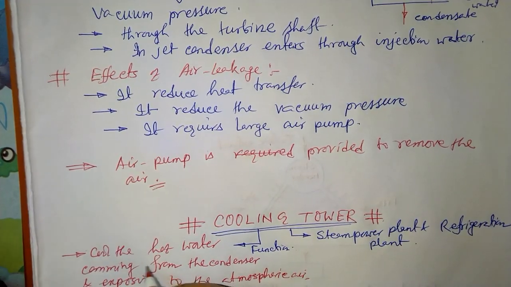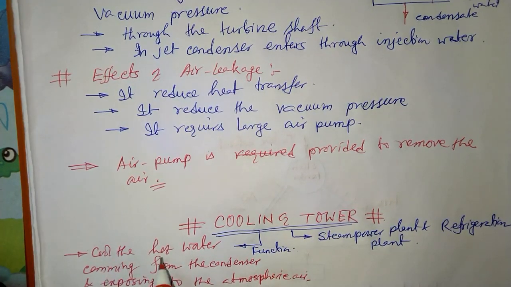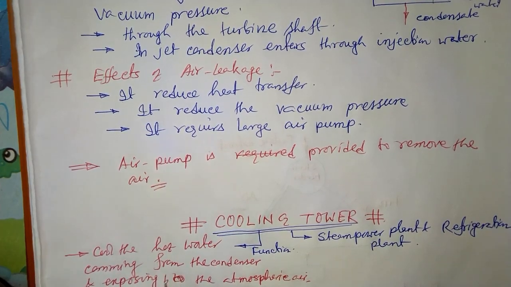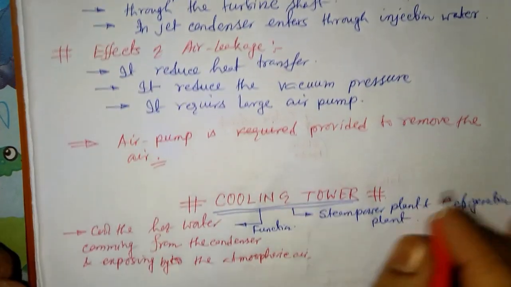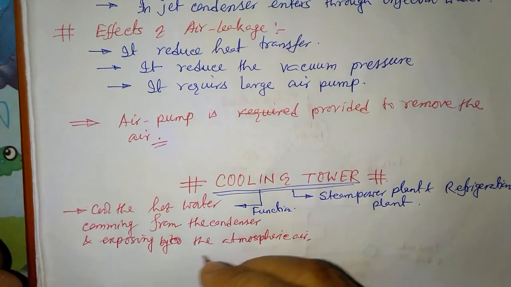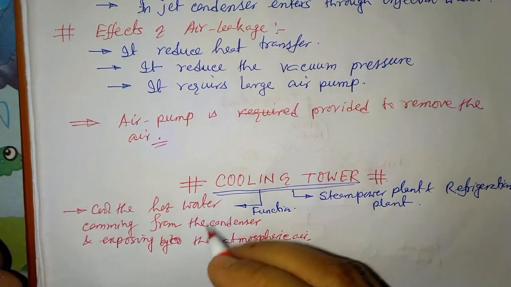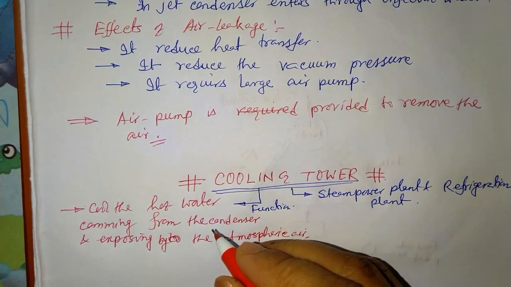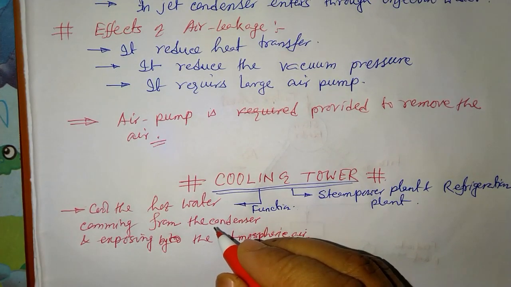Okay, so this is the function of the cooling tower: cool the hot water coming from the condenser by exposing it to the atmospheric air. By using atmospheric air, we cool the hot water of the condenser. That is the main function of our cooling tower.